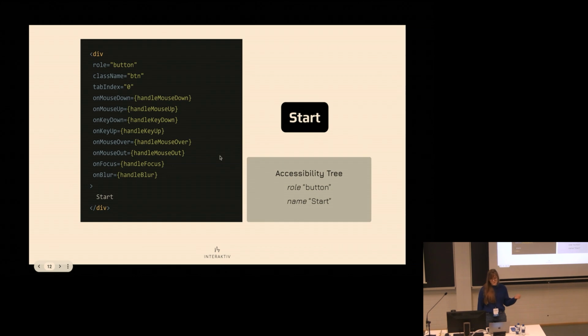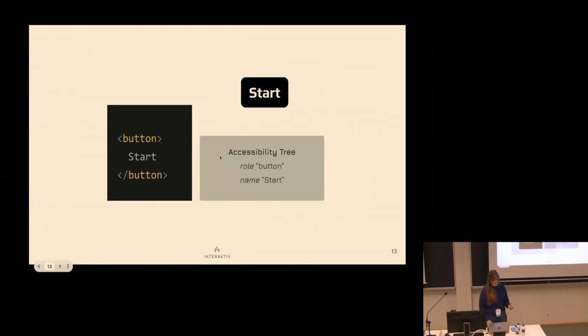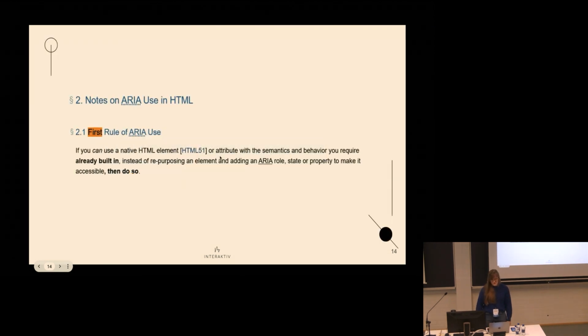So why do it if you can do it using only the HTML tag button? That's why even ARIA has its own first rule that you should use semantic HTML as much as possible, and only in some edge cases you can use ARIA.